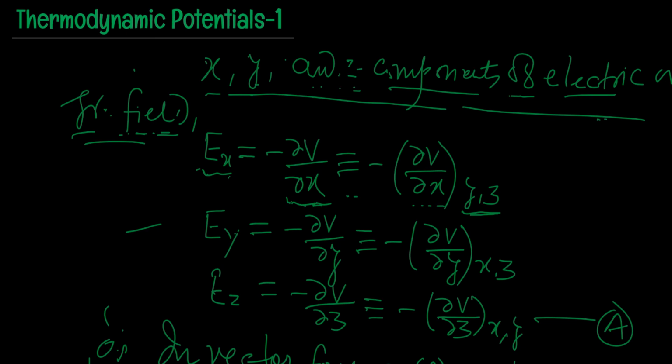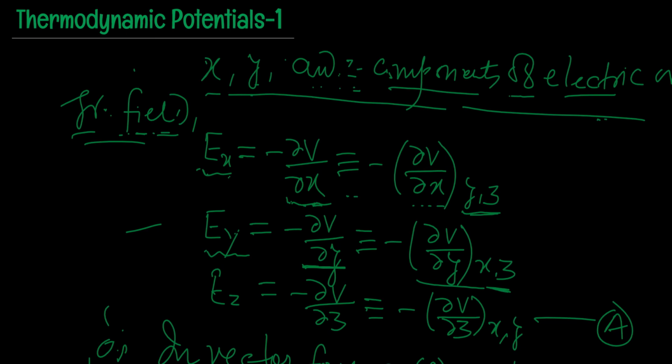Similarly, the y component of the electric field or gravitational field, denoted by the symbol Ey, is given as minus del V del y, or equivalently, just like above, minus del V by del y at constant x and z.